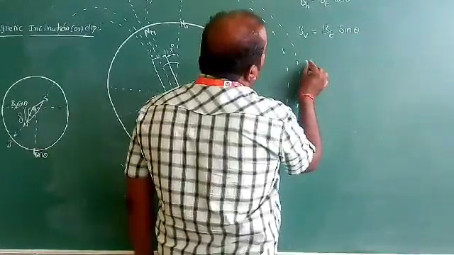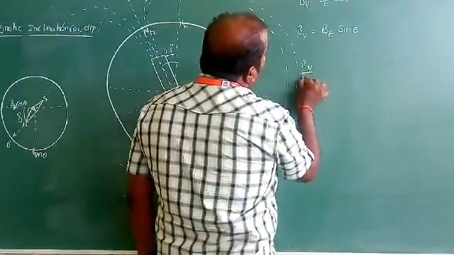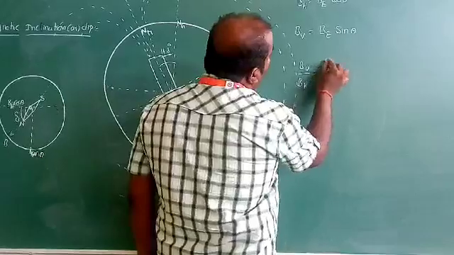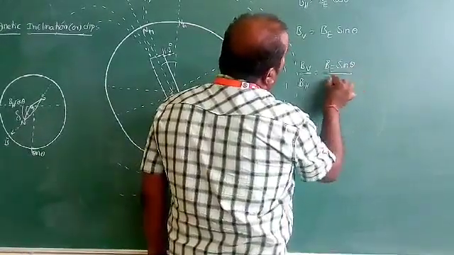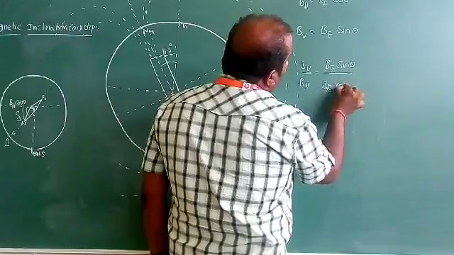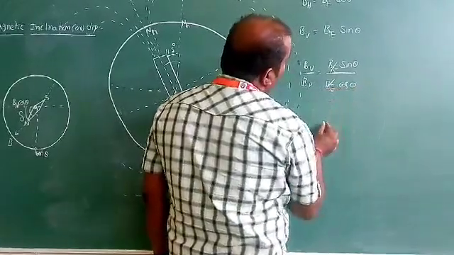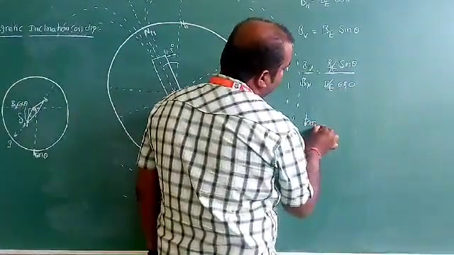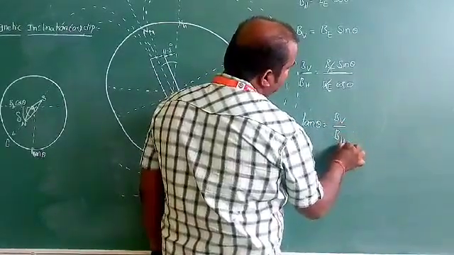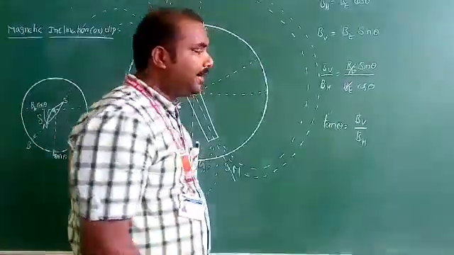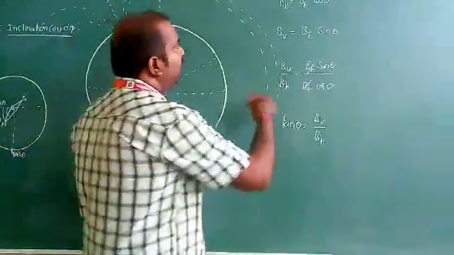Now BV by BH equals BE sin theta by BE cos theta. BE cancels, so tan theta equals BV by BH, or theta equals tan inverse of BV by BH. This is one way.